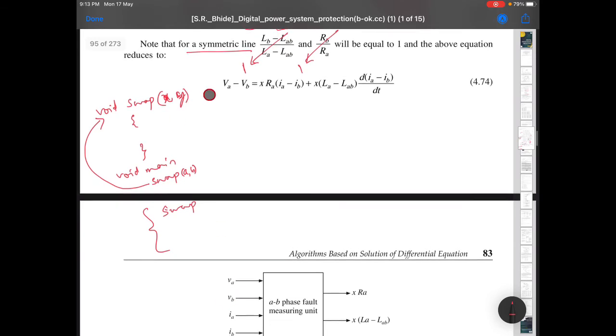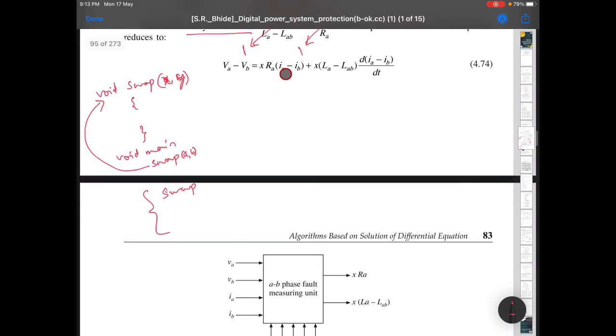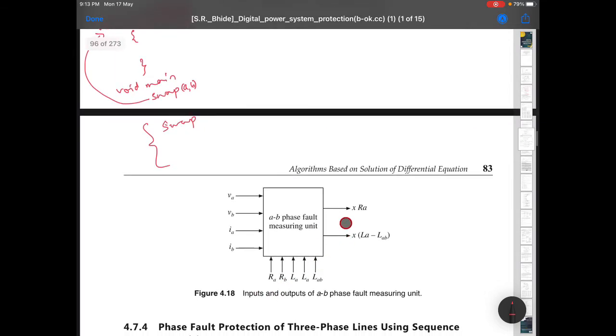VA, VB are the two inputs, and IA, IB are also the inputs. What you want to calculate is X into RA. The objective was the same in ground fault also. X into RA, and X into LA minus LAB is the thing. This is only for AB phase fault.